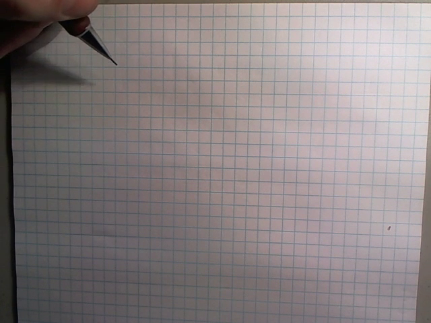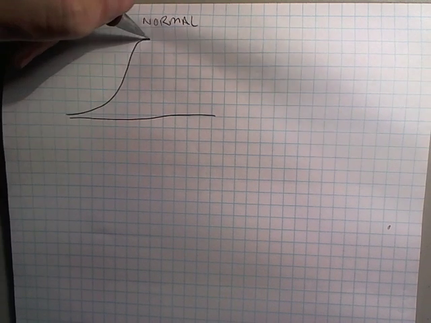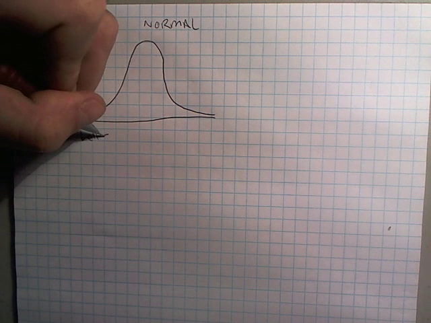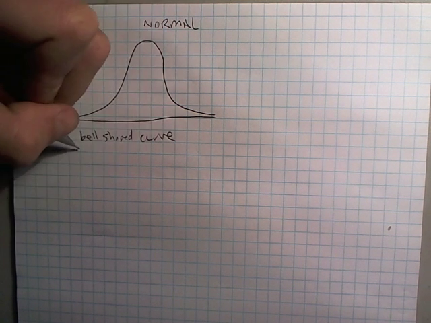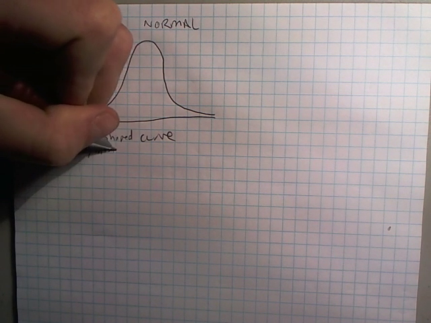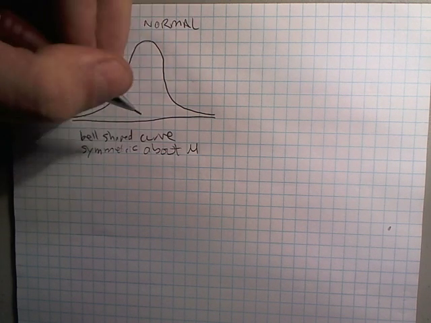A normal distribution is one that has a bell-shaped curve, and it's going to look something like this. So characteristics that we look for are that bell-shaped curve, and a normal distribution is always going to be symmetric about its mean.